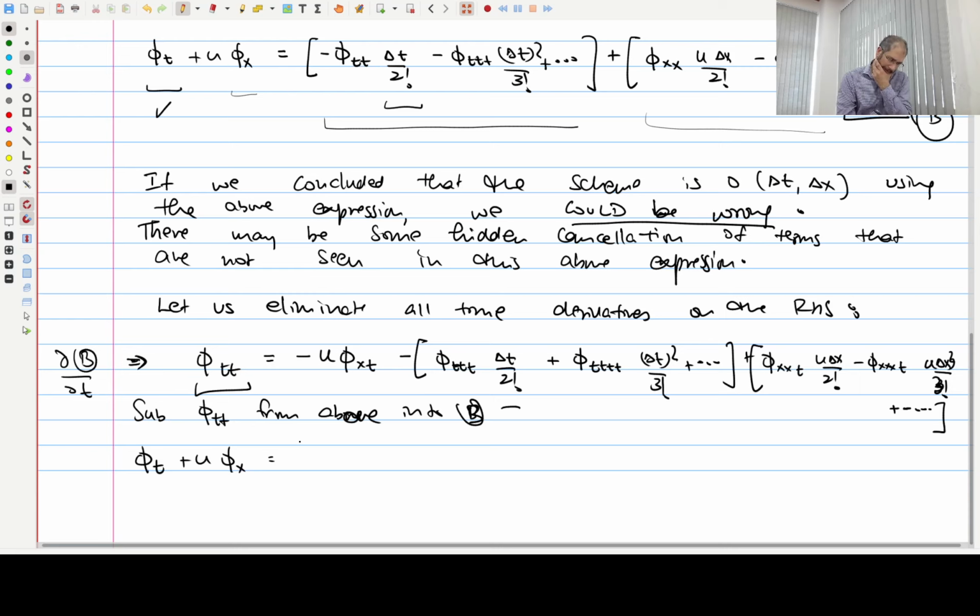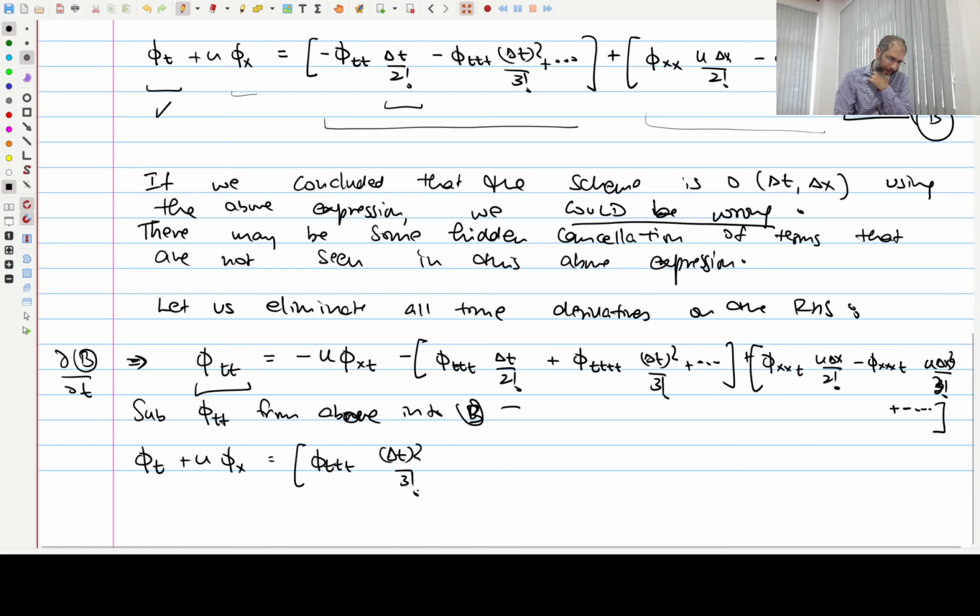So the first one we get is phi xt. So this phi xt is going to be clubbed with the mixed derivative. So first I write the pure derivatives with respect to t. So basically I will start with the phi triple t now. The earlier coefficient of phi triple t was delta t squared by 3 factorial.